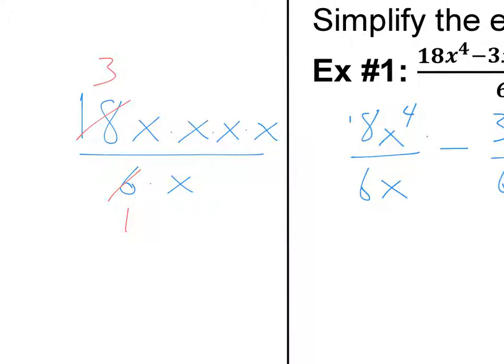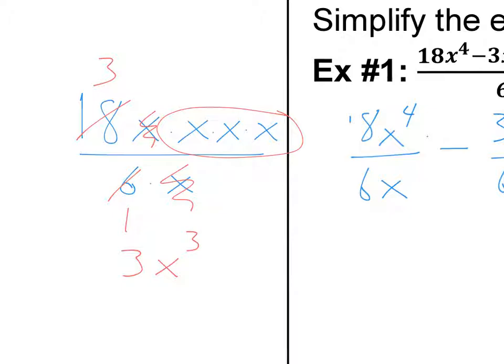And when you have x to the fourth, that's really like saying 4 x's times each other. Well, we can just cancel out one of those x's. So let's get rid of just one of these, and we're left with 3 x's. So really this simplifies down to 3, we don't really need the 1 on the bottom, x, and 3 x's times each other is 3x cubed.